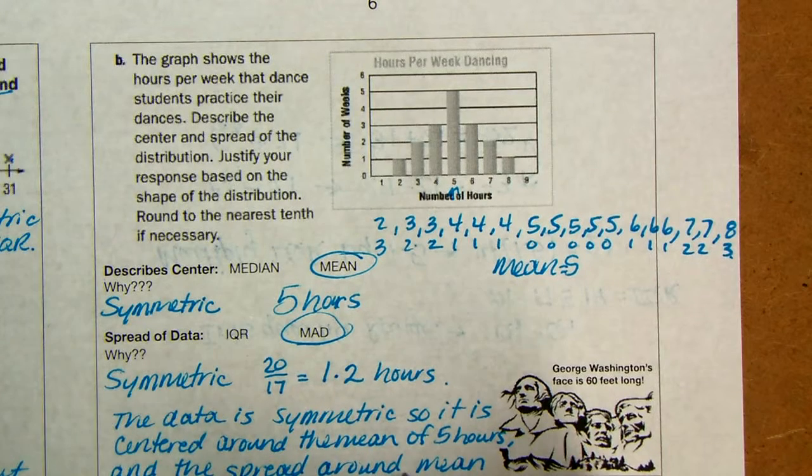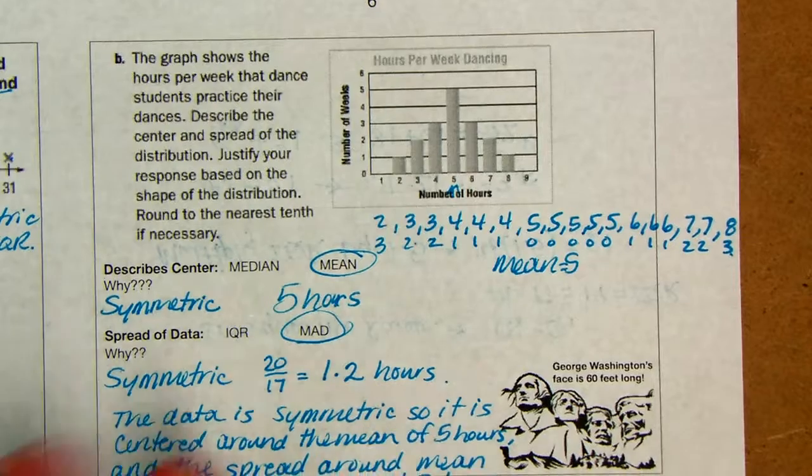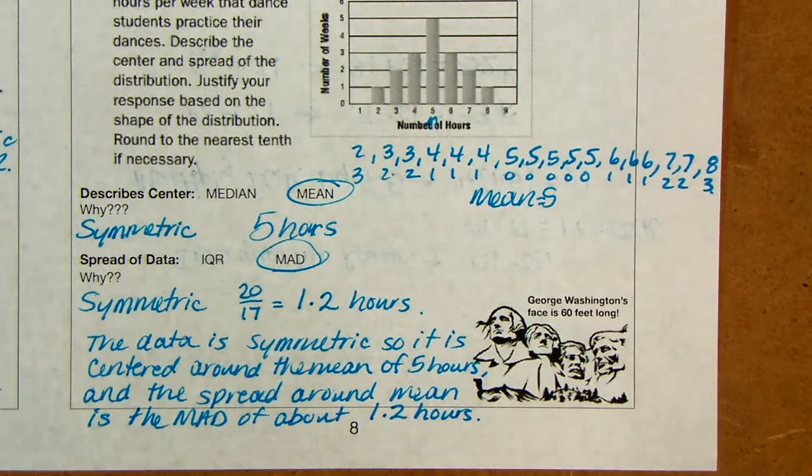You have to write a sentence telling me what you use, so it's centered around the mean of 5 hours, and the spread around the mean is the what of about 1.2 hours.